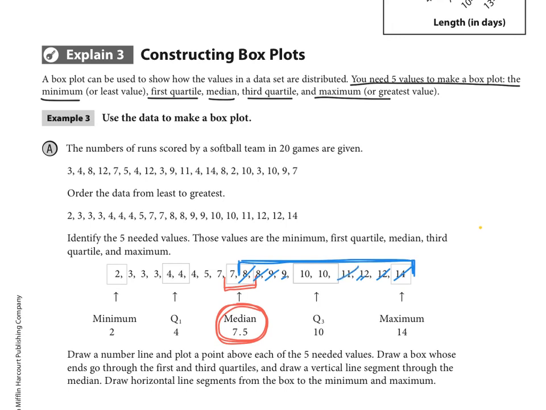Now I'm stuck in between these 2 points, and the average between 10 and 10 is 10. We do the same thing on the other side, using this 7 because I didn't use it when I found the median. I find those data points, 4 on the top, 4 on the bottom, and now I'm between 4 and 4, and the average of 4 and 4 is 4. So I've gotten all these numbers.